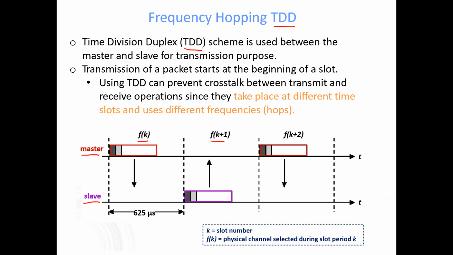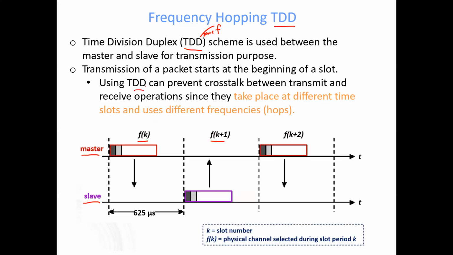It means that master to slave uses one channel, and slave to master uses another channel, with different time slots. Not only that, because in general, if it were just TDD, it would use the same frequency for every transmission. But for Bluetooth, it's not, because every time a packet is sent, the frequency changes also. You see?